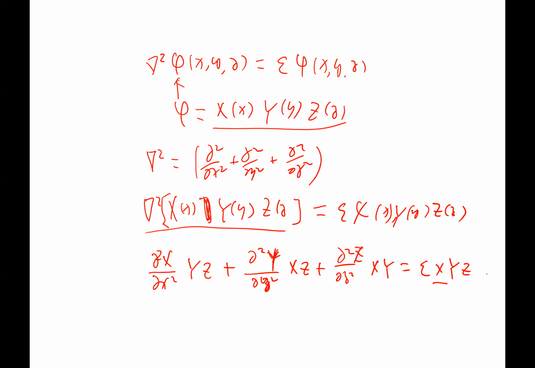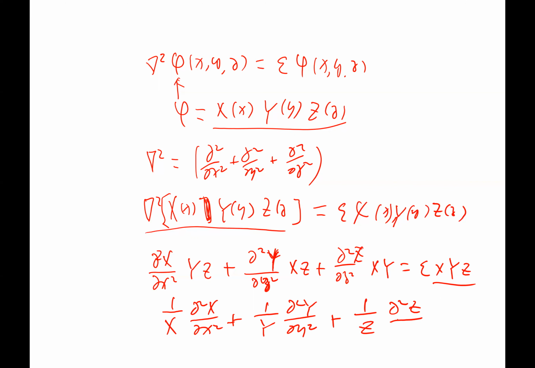Now we divide both sides by X Y Z, and we have 1 over X times partial square X over partial x square, plus 1 over Y times partial square Y over partial y square, plus 1 over Z times partial square Z over partial z square, equals epsilon.